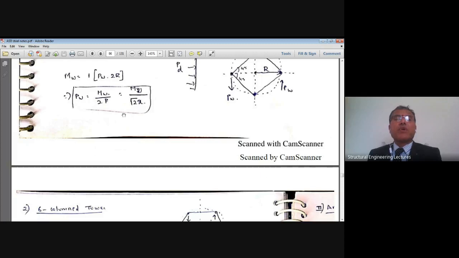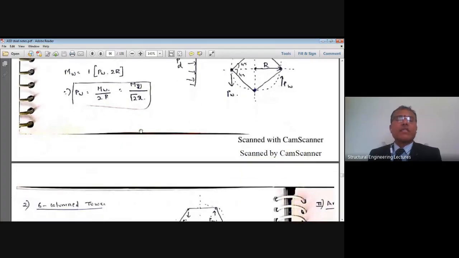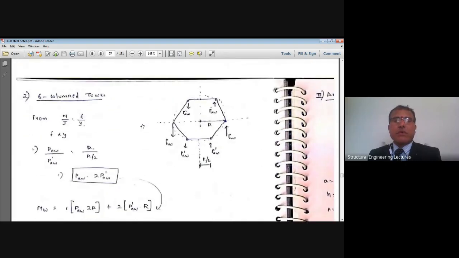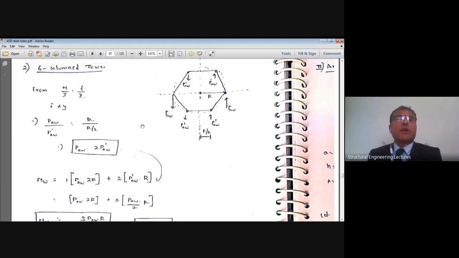Or, if the side of this staging is equal to x, then the distance from this column to this column is root 2 x. Either of the two is true. Therefore, additional axial thrust is equal to MW divided by 2R or MW divided by root 2 x, where x is the distance between the two columns when seen in the normal direction, or the side of the square as appropriate.